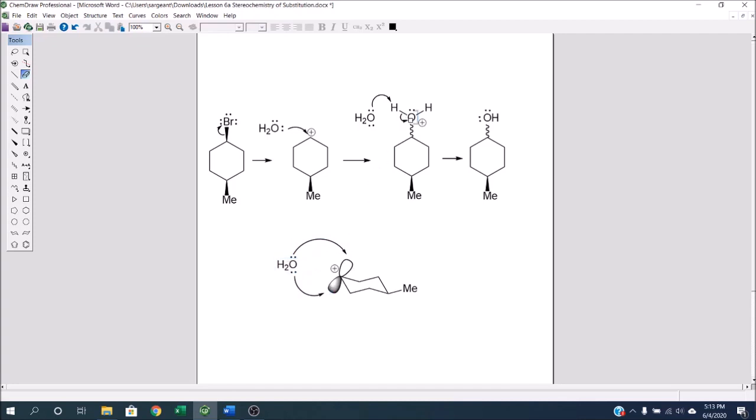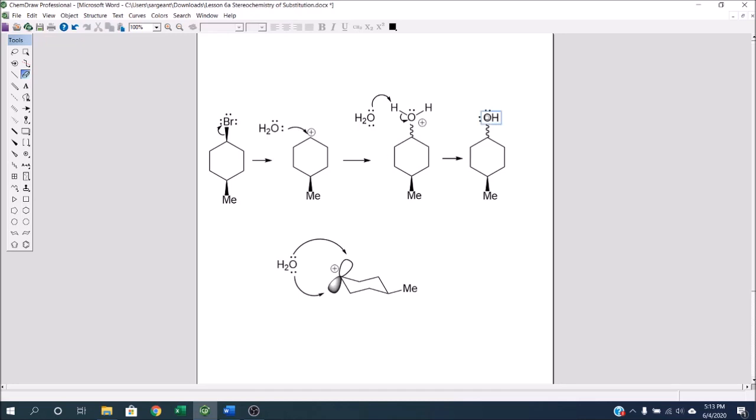And so some of the time, the final product will have an oxygen that's on the same side as the methyl group, and some of the time, the oxygen will be on the opposite side of the methyl group. We'll learn later on how to predict which side is more likely, but for now, both of them are probable.